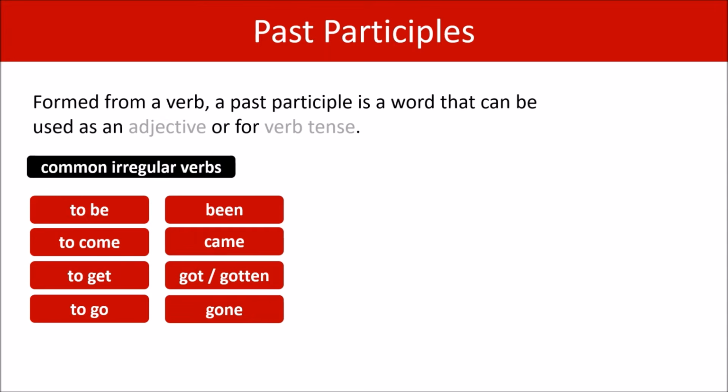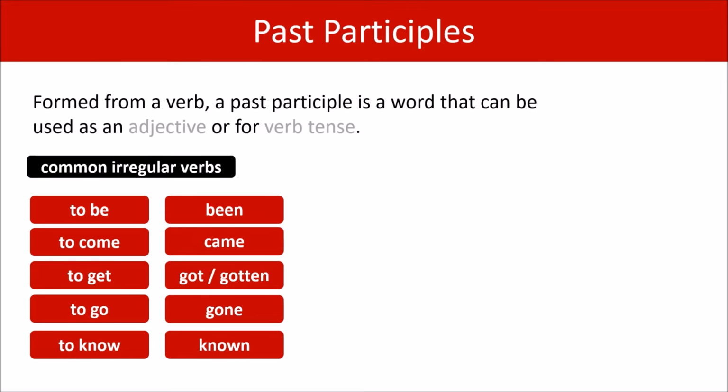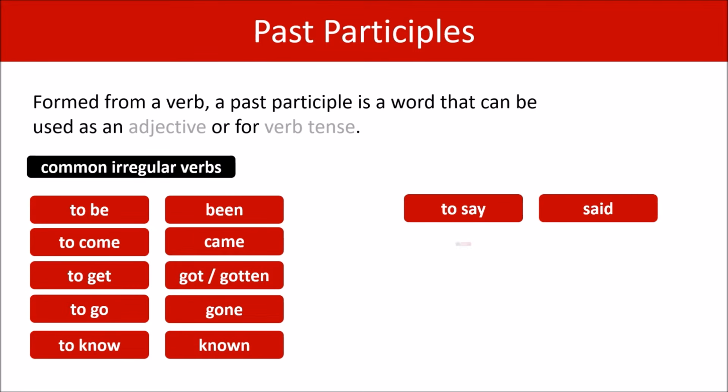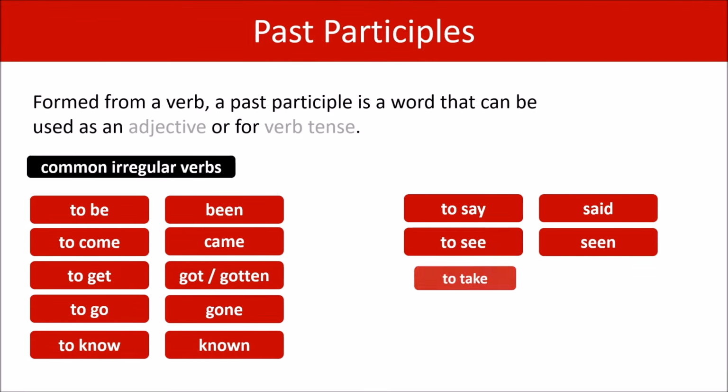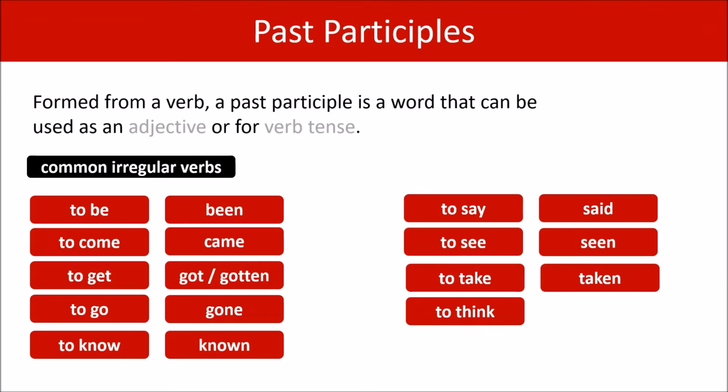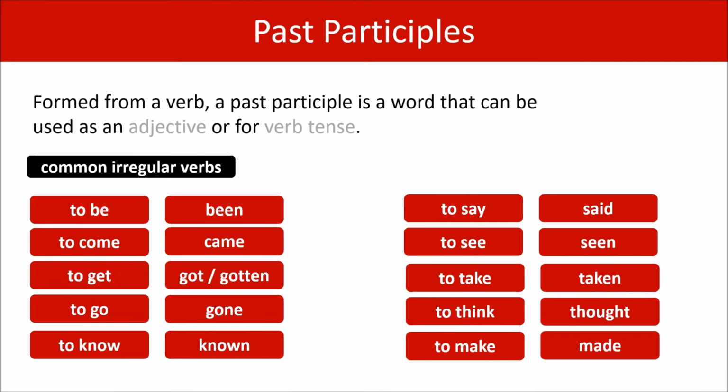To go becomes gone. To know becomes known. To say, said. To see, seen. To take, taken. To think, thought. To make, made. Now you can see that these are 10 very common verbs. We have a whole list of other irregular verbs on the website.